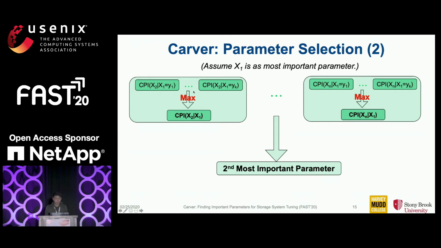For example, for parameter x2, it calculates the conditional parameter importance by fixing x1 to each of its possible values, and then the maximum of this will be the conditional parameter importance of x2 given x1. Carver repeats the same calculation for each remaining parameter, and the one with the largest conditional parameter importance given x1 will be picked as the next important parameter.